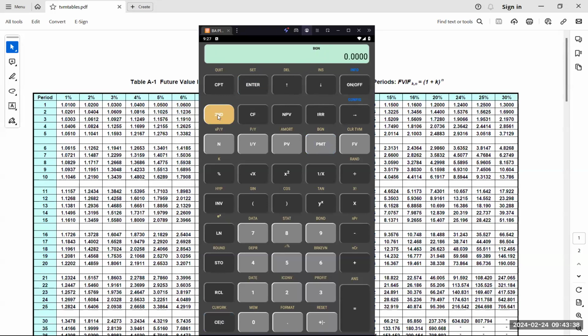What you will need to do is press the second function again and come here to the payment button. At the top of it, you see it's written BGN. So press the payment button here and then press the second function again and press set, and you see, press this enter key on the top of which is written set. So you see the BGN has gone away and we are now set to the end period. And then we will clear the display like this. That's it. So now your calculator is good to go.